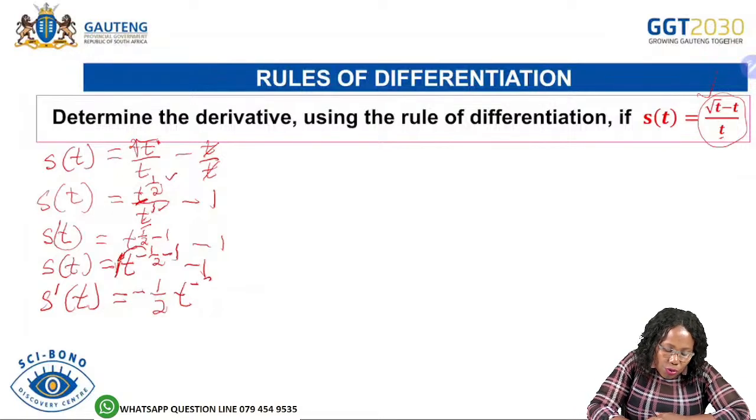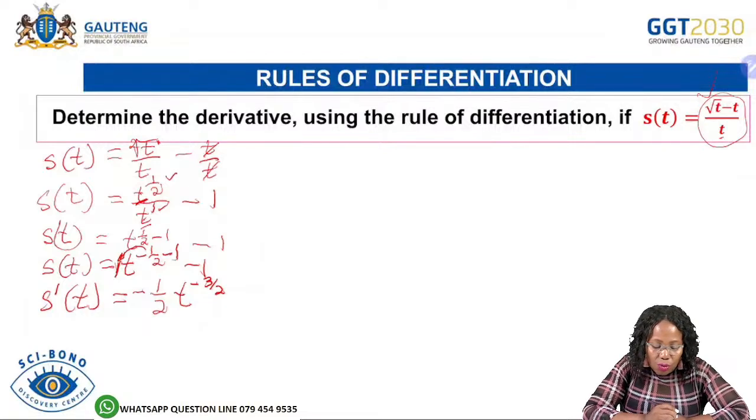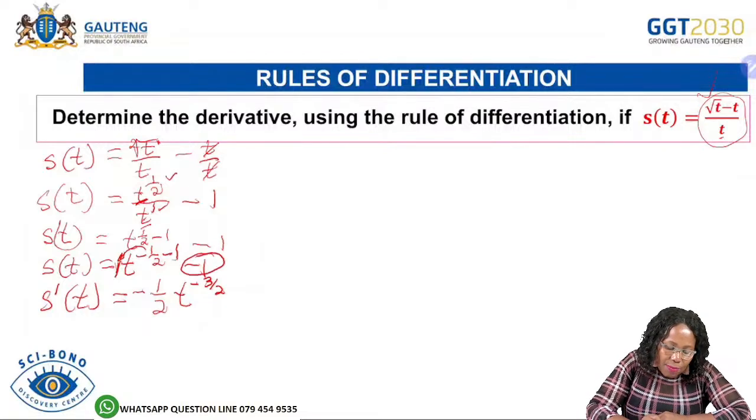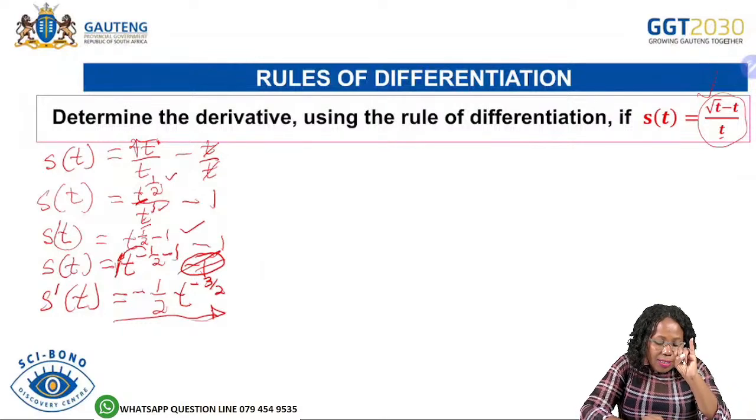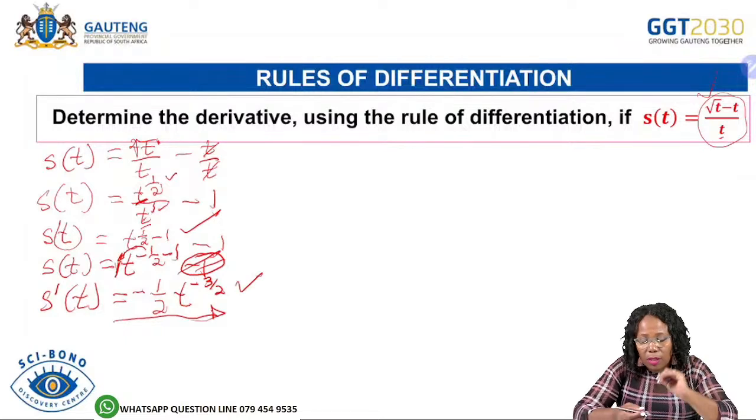Please always use your calculator to verify that your addition or your subtraction is correct. For minus 1, because it's a constant, the derivative will be a 0. That means this is your answer, Rachel. So the first mark will be for writing this in a simplified form. The second mark will be for the derivative of that one.